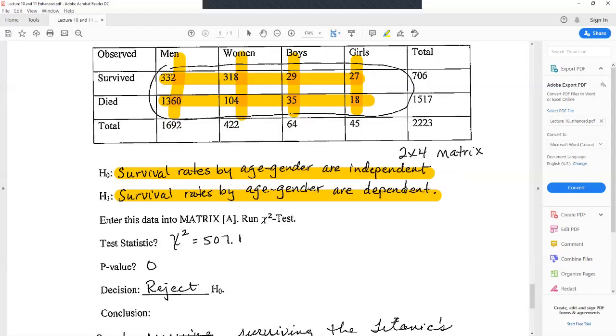Go ahead and enter into the 2x4 matrix. You will have to change your parameters to 2x4 instead of the 2x3 we used before. Once you enter the information into the matrix, run the chi-square test for independence.